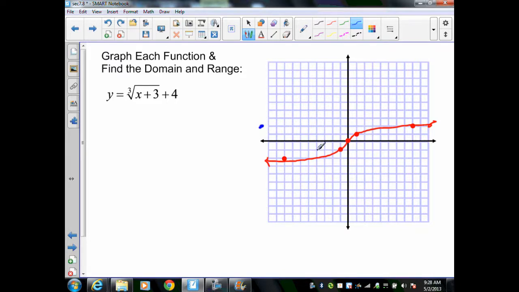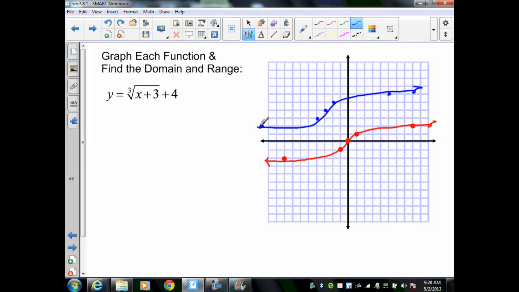And for each remaining point, 3 to the left, 1, 2, 3, and up 4, 1, 2, 3, 4. Then connect my data points.